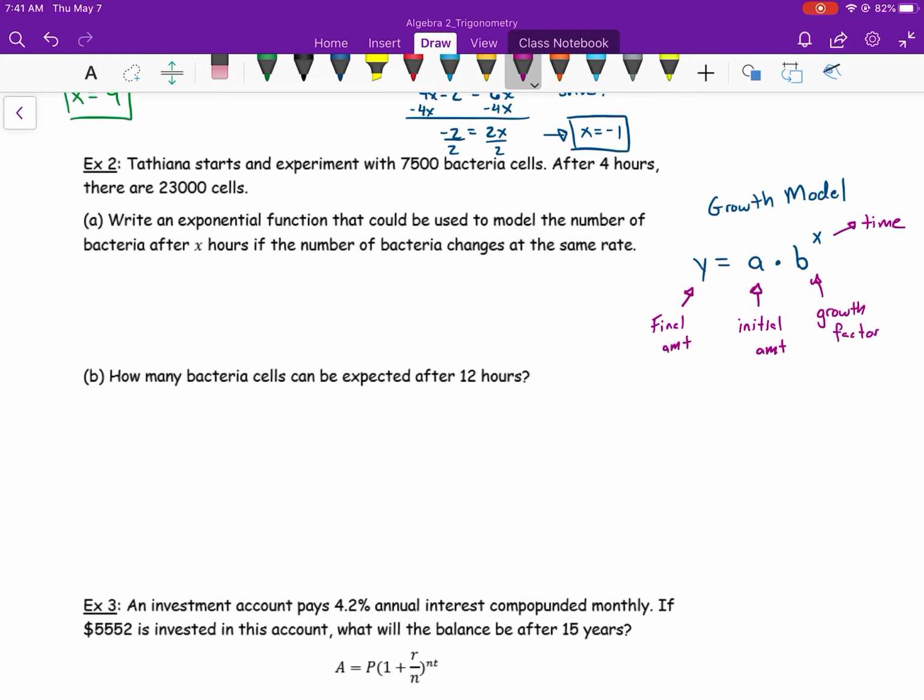Alright. So over here, my y equals 23,000, because that's our final amount. My a equals 7,500, because that's what we started with. And b is unknown, but x is 4.